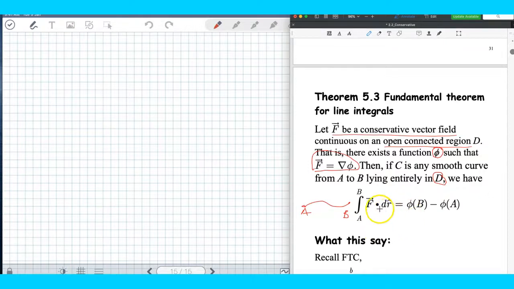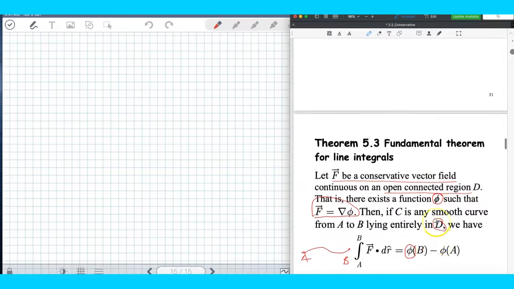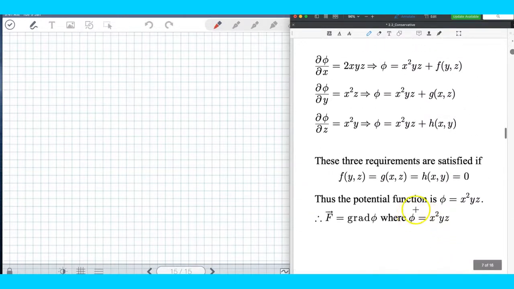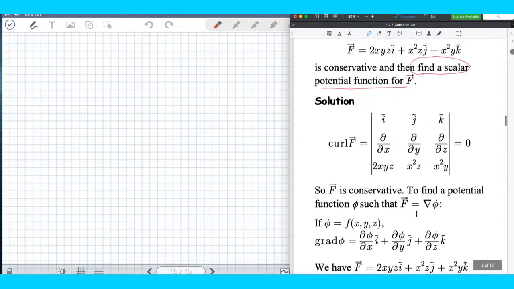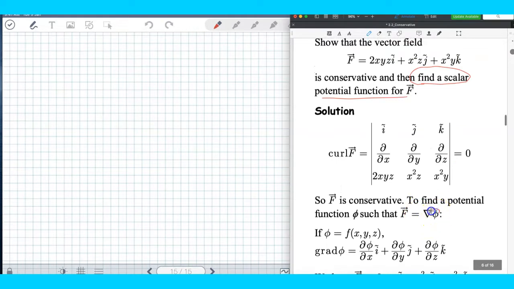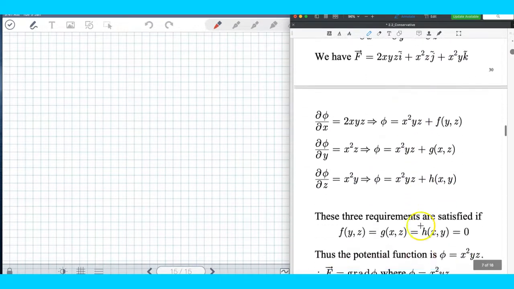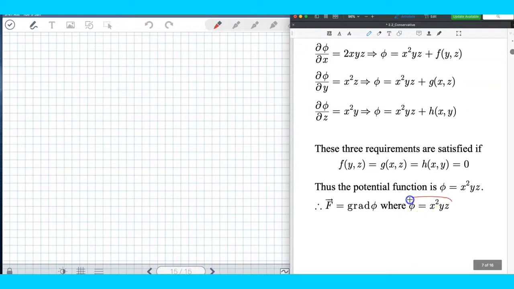In this case, we don't need to compute F dot dr, but you can use the scalar potential function that you obtain after you verify that F is a conservative vector field. If you look at the previous example, once you said F is a conservative vector field, then you can obtain phi, which is this function.